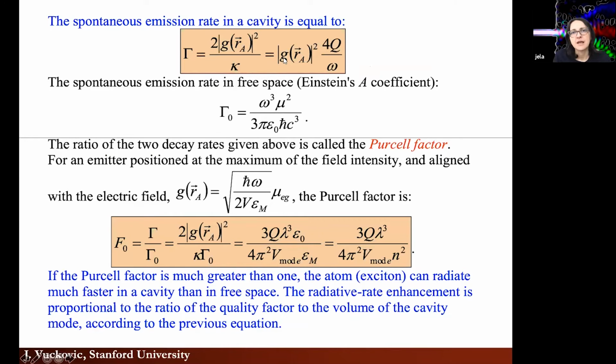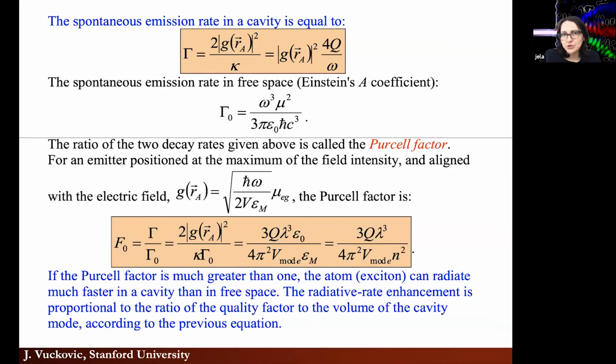If everything is right in our analysis, then this 2G squared over kappa should be the same as the spontaneous emission rate we found from Fermi's golden rule, because that's the decay rate of the atom coupled to the cavity. So if we plug in what G is, and what kappa is, which is omega over 2Q, and divide by the spontaneous emission rate in free space, we obtain exactly the same expression as what we found when deriving the Purcell factor.